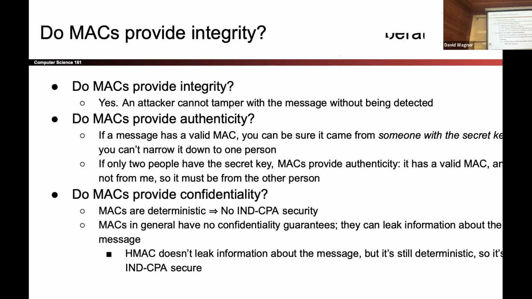So MACs are not going to provide confidentiality. And there's no guarantee they won't leak partial information about the message. Most ones we use in practice don't, but it's not a requirement of the definition. So they're a single purpose tool.